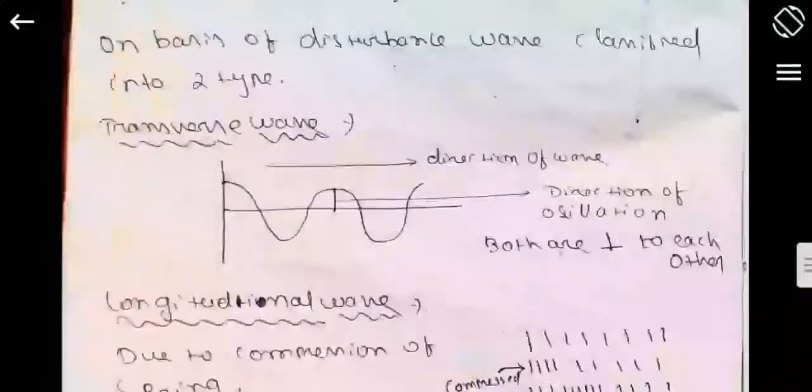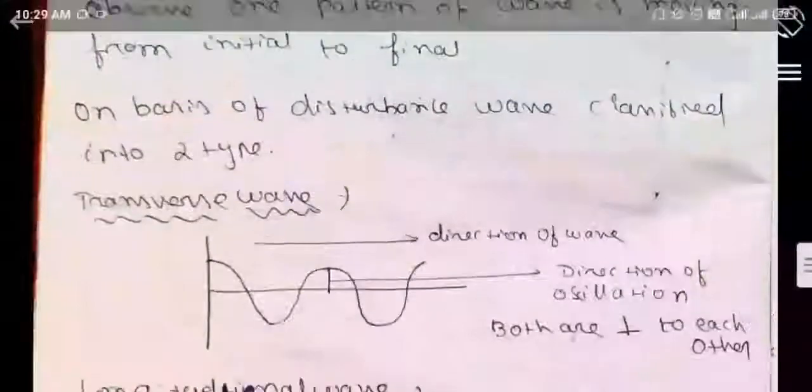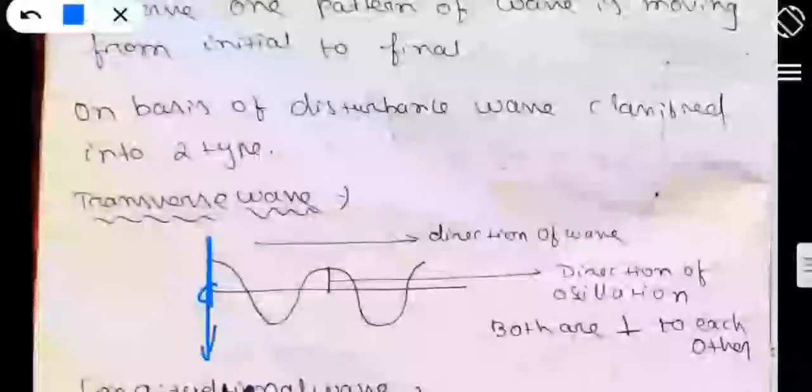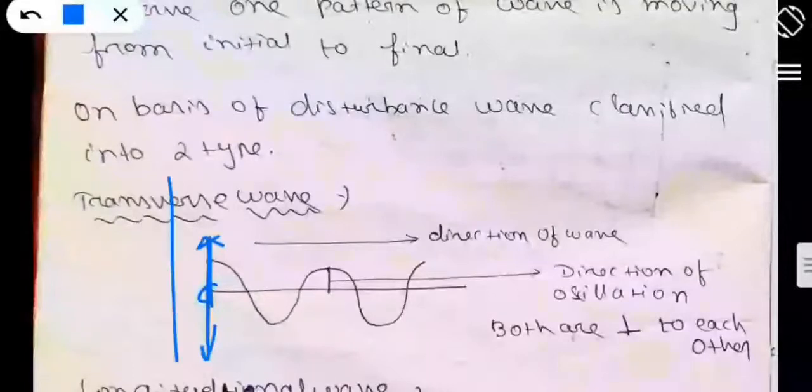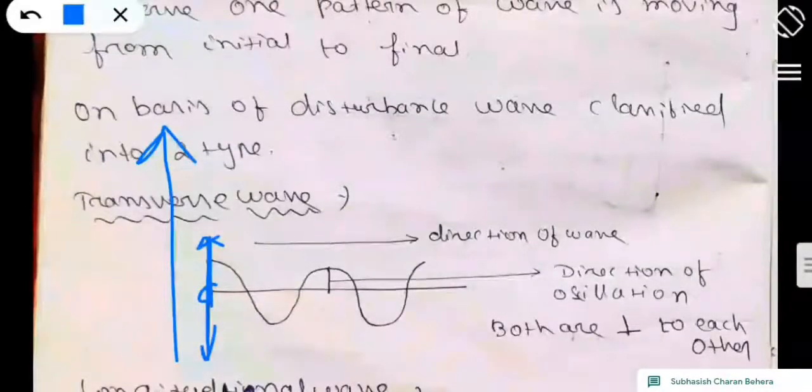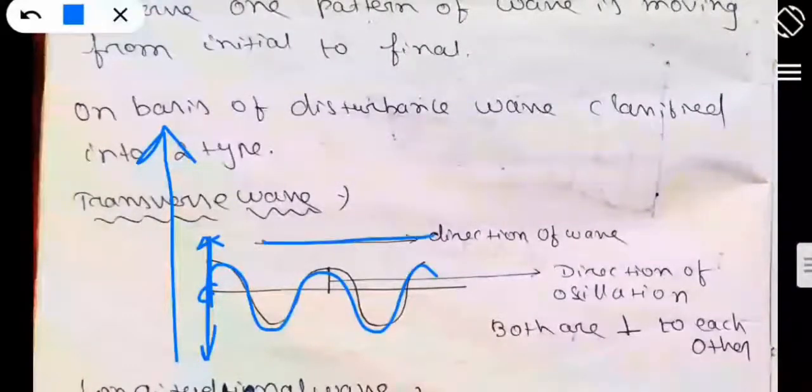First look at the transverse wave, the same one that I gave as the example. You are oscillating this one at this point. So oscillation is happening in this direction, and the wave is traveling like this. The wave direction is this one, the distance traveled by the wave.